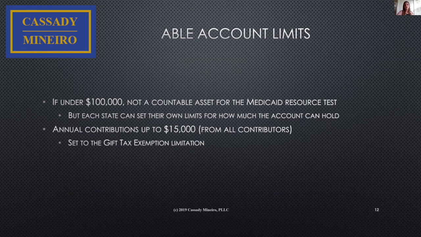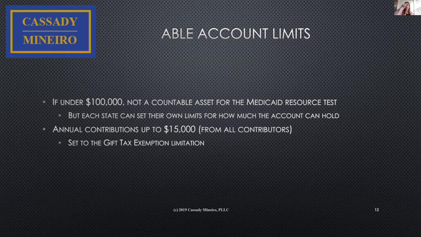Annual contributions can only be $15,000 per year for all contributors. So if the individual with the disability is putting like their paycheck into an ABLE account, or they're using it kind of as a savings account where they put $100 this month, $100 next month, and then a couple $1,000s towards the end of the year, and then the parent wants to make a $15,000 gift, that is not allowed.